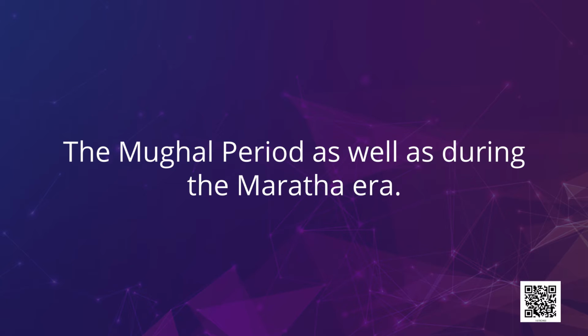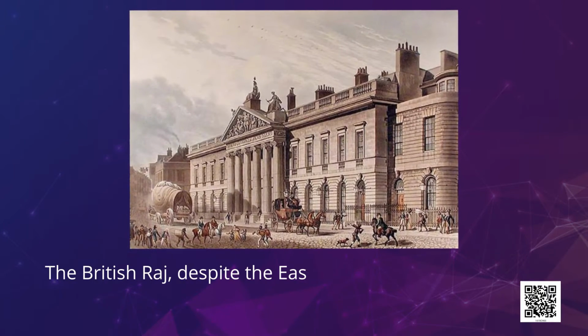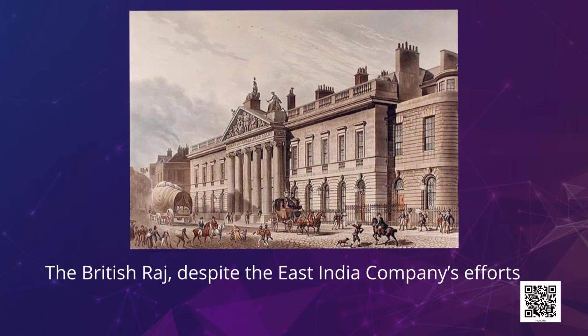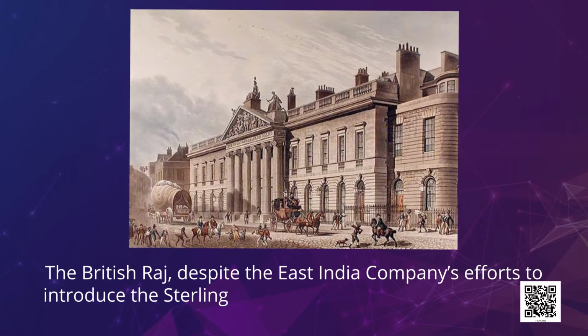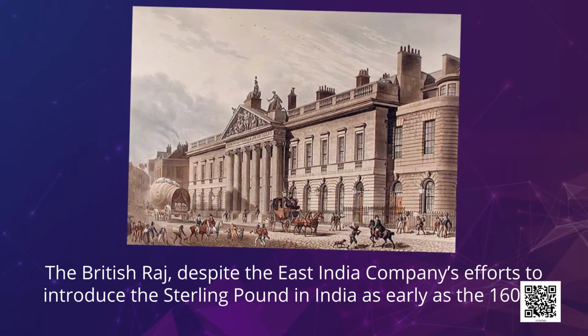The Rupaya remained the dominant standard currency even during the British Raj, despite the East India Company's efforts to introduce the sterling pound in India as early as the 1600s.